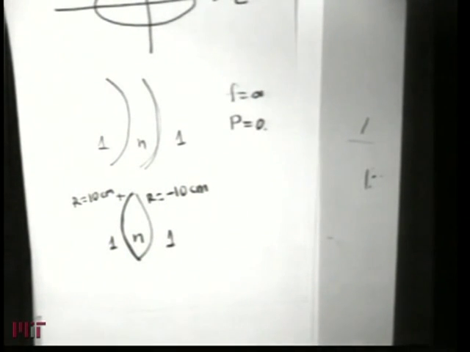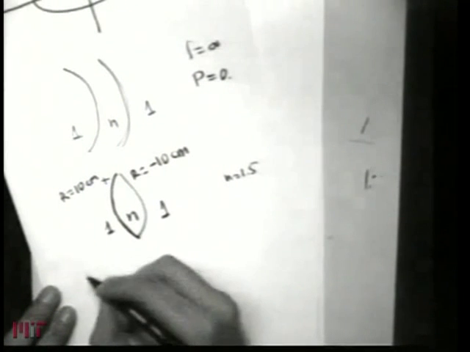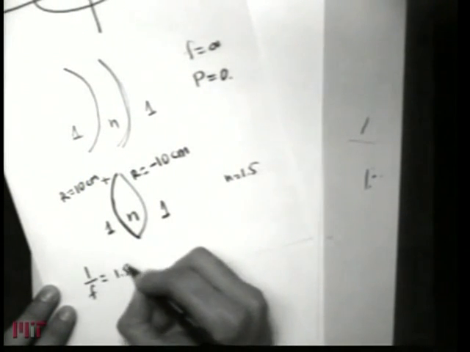So then the lens maker equation in this case would say, let's say n equals 1.5, for example. Lens maker would say 1 over f equals (1.5 minus 1) times (1 over 10 minus 1 over minus 10). And this is whatever, right? I believe it is 3 or something. 2.5?